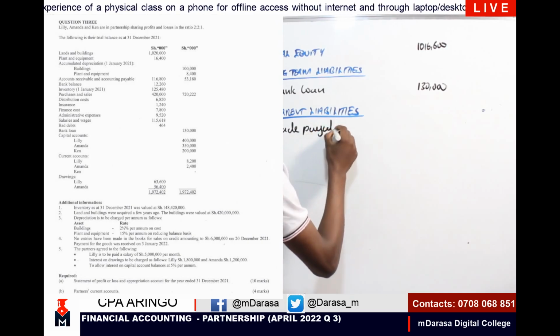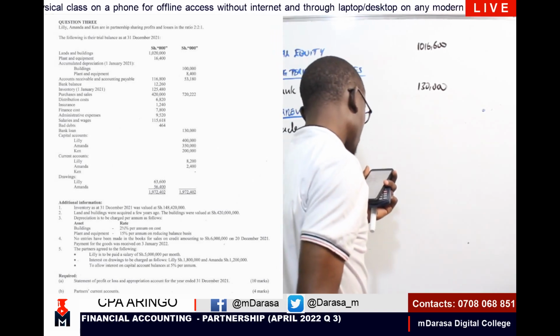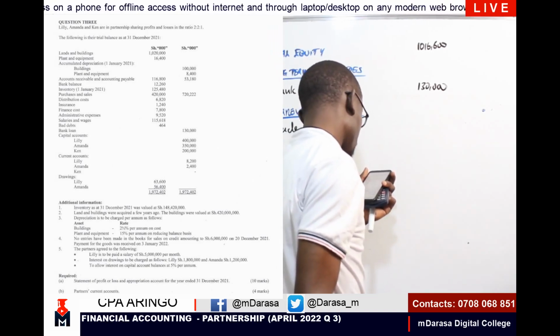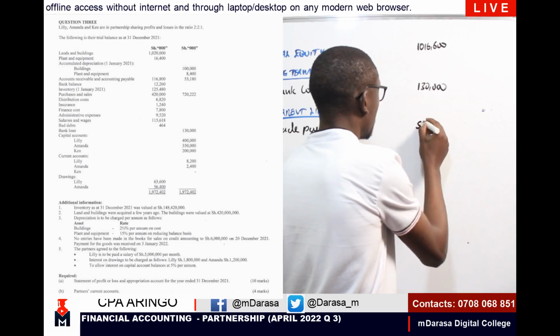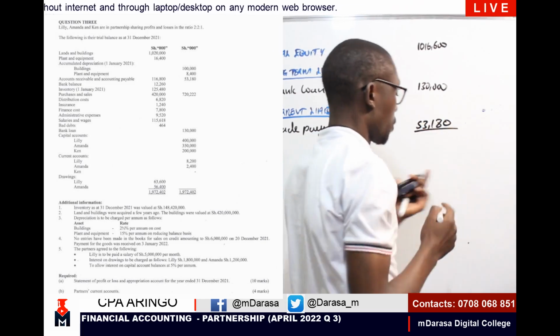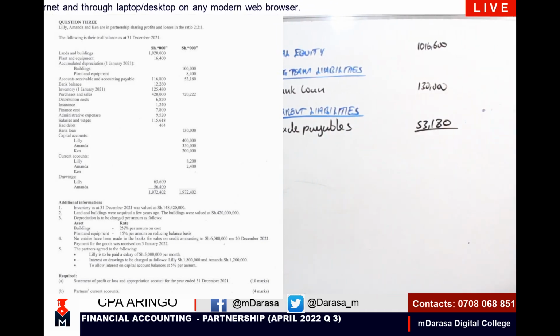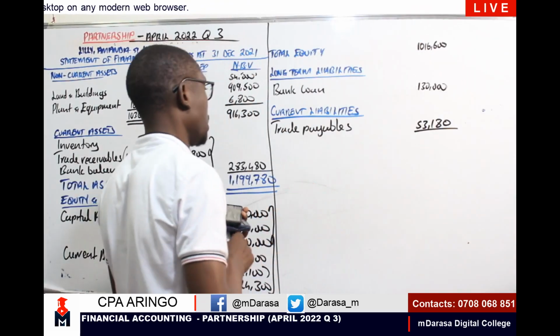I think we only had the one, trade payables, I'm given a figure of 53,180. So once we are done with that, confidently, let us see total equity and liabilities.